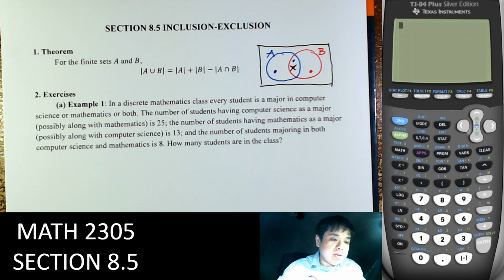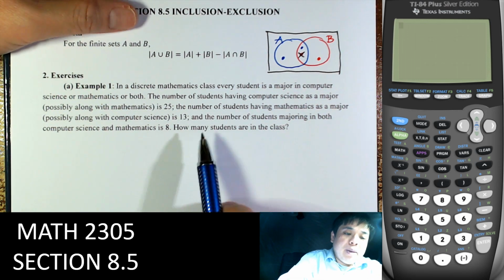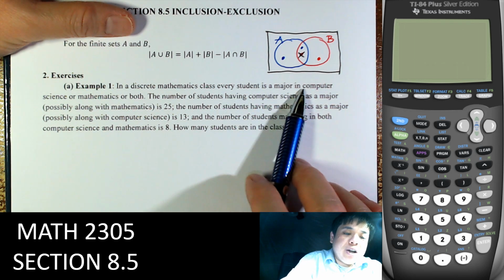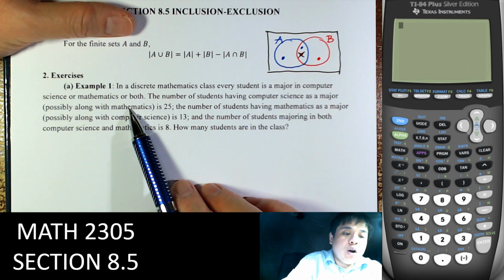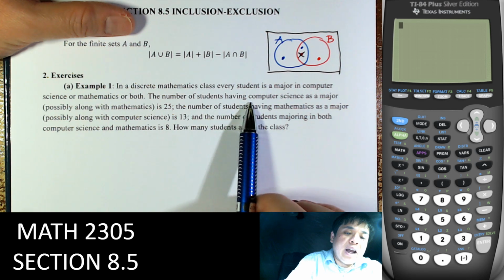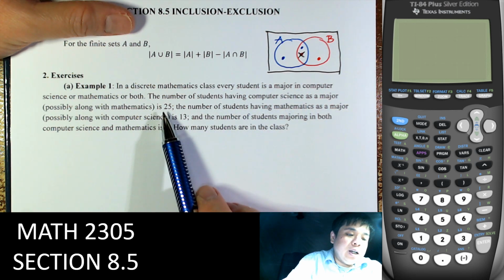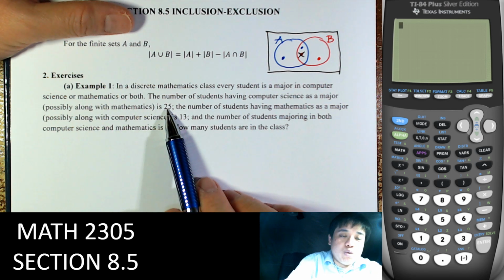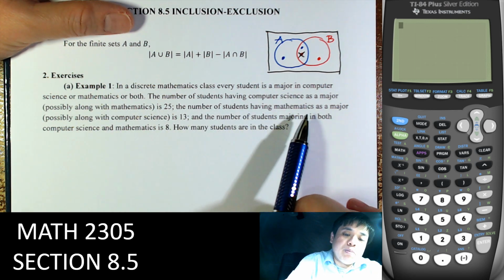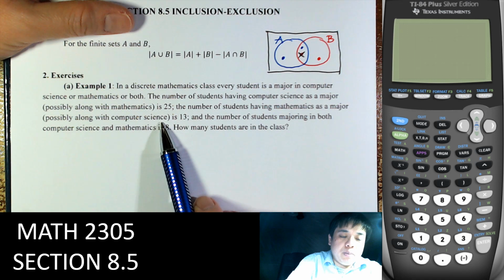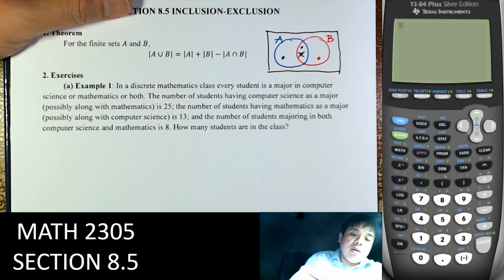Let's look at some example. In Discrete Math, every student is a major in computer science or math or both. The number of students having computer science major, maybe with mathematics as well, is 25. The number of mathematics major, maybe with computer science, is 13, and the number of both is 8.